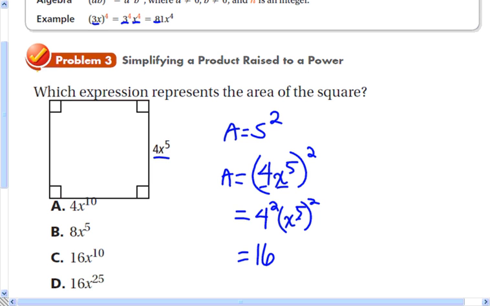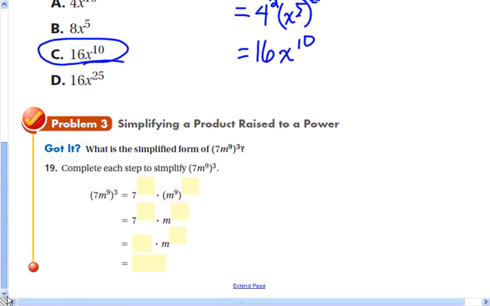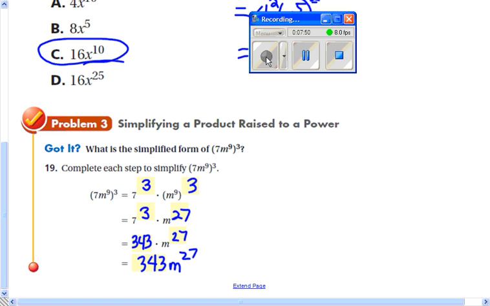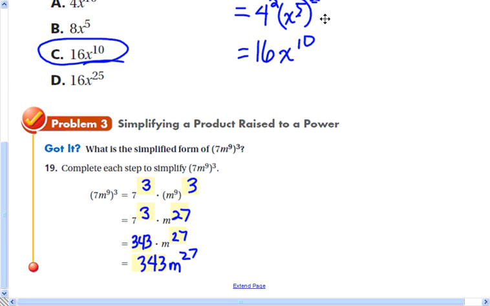And when we raise a power to a power, we multiply those. So 5 times 2 is 10. So we're going to choose C for that one. All right, go ahead, you try that. All right, that's what your answer should look like.